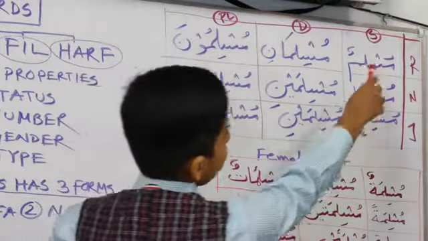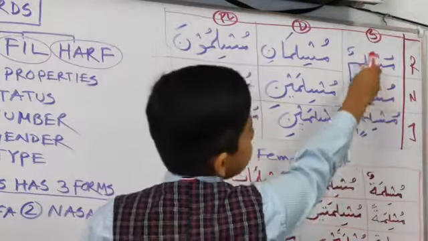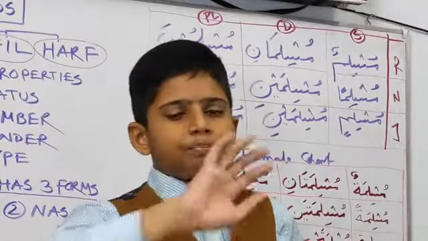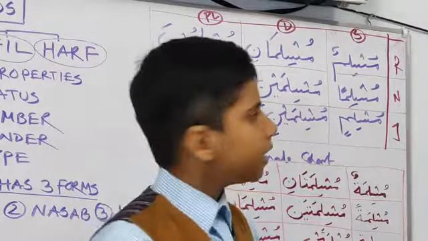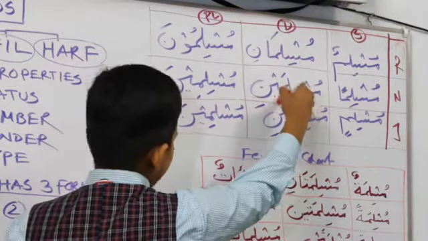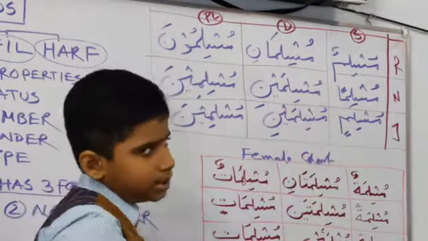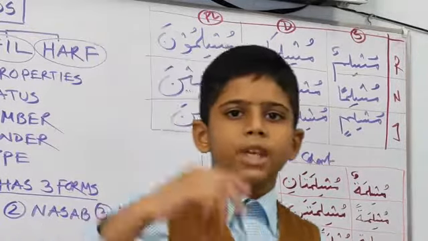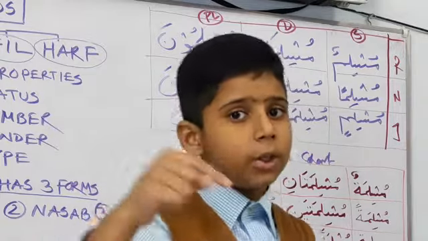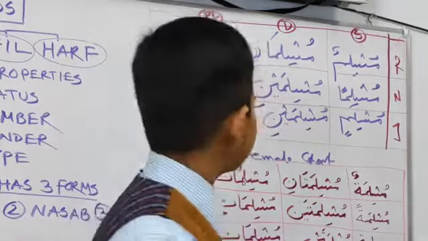We have to make sure it is one of these. The first line that you can see, Muslimun, Musliman, Muslimin, is the singular part, and the middle one, Muslimane, Muslimaine, Muslimaine, is the dual part. Like if you say to two people, hey, Muslimane, you're calling two people.